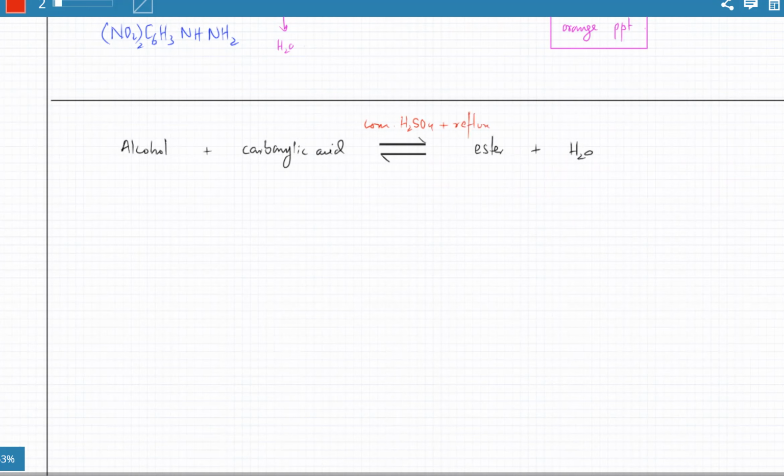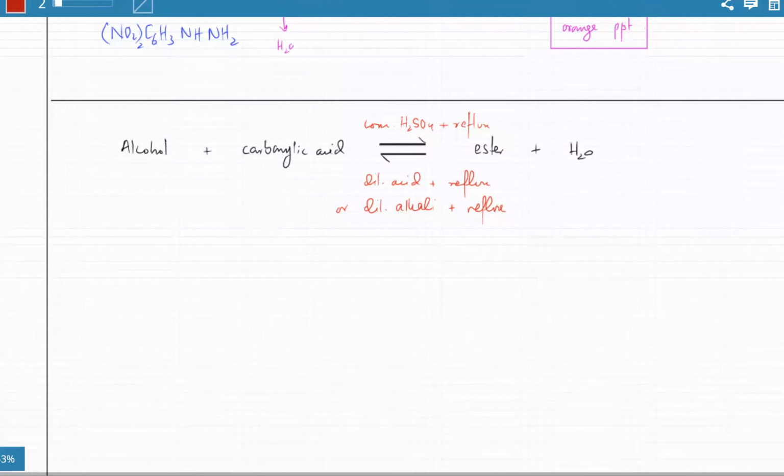And if you want to break an ester, there are two types of hydrolysis: dilute acid, mostly sulfuric acid, plus reflux, or a dilute alkali, mostly NaOH, plus reflux.